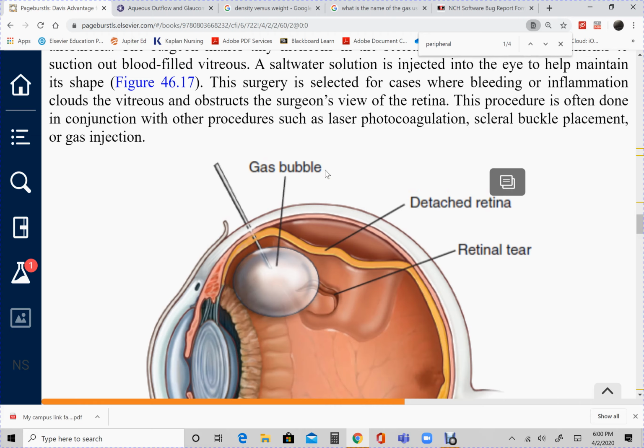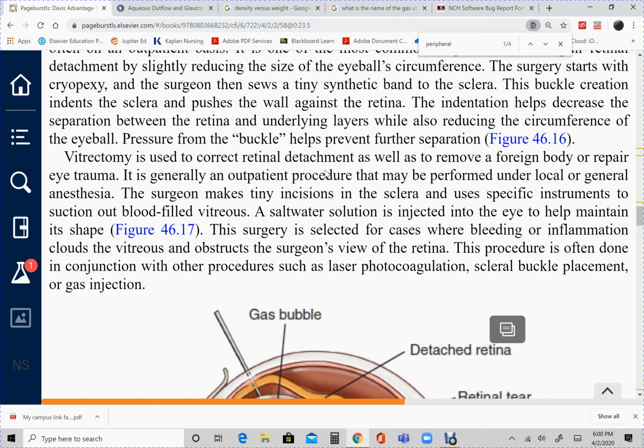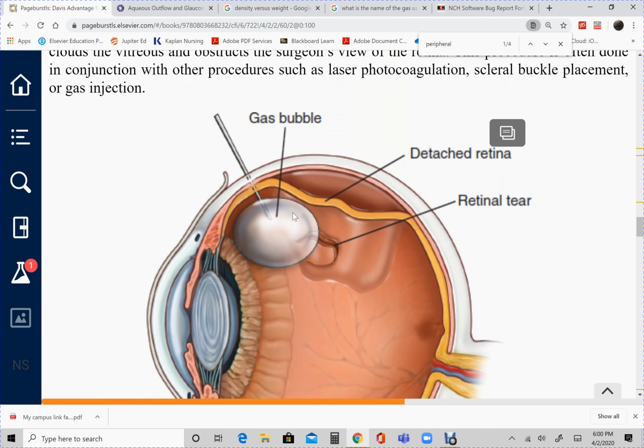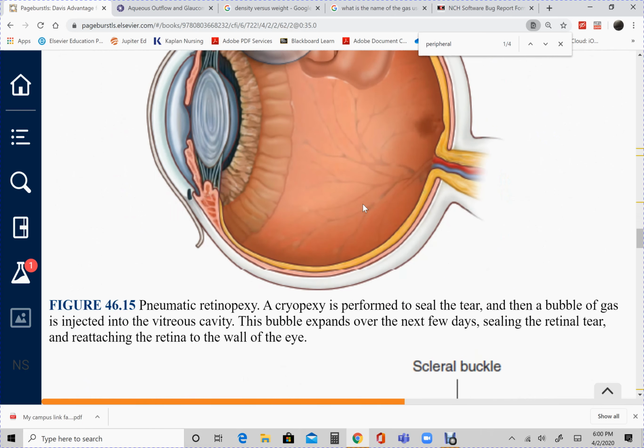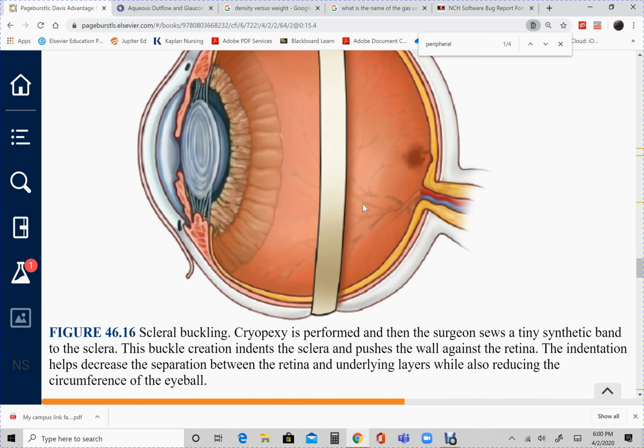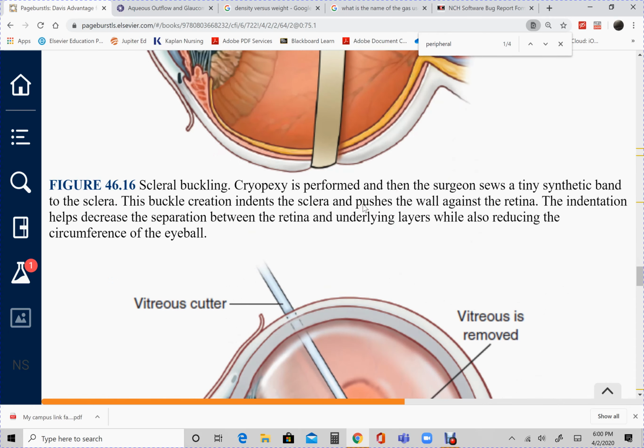Of course there are instructions here because it's an air bubble, it's going to move around, right? So the doctor gives the patient instructions and you have to reinforce that.